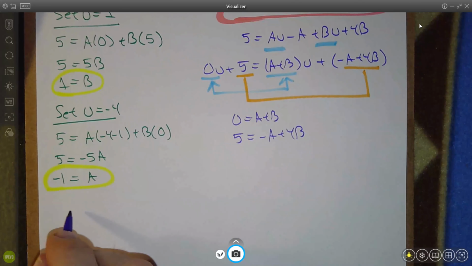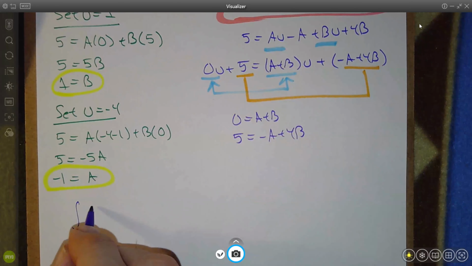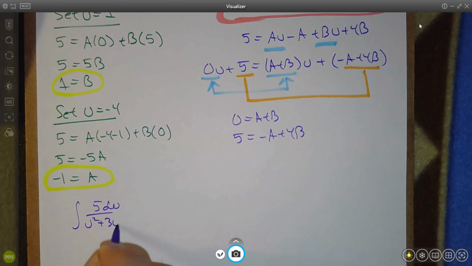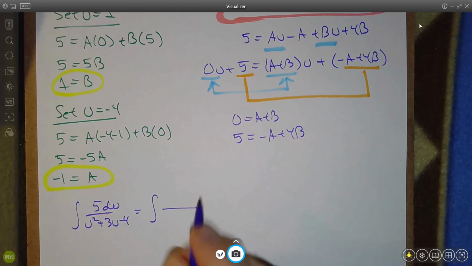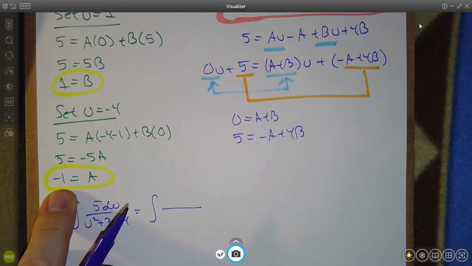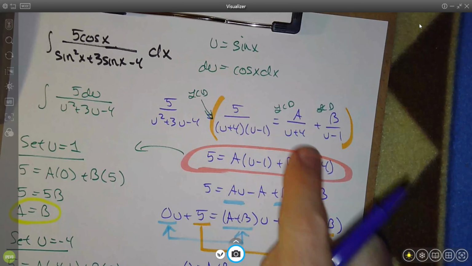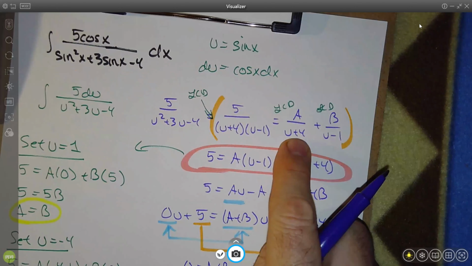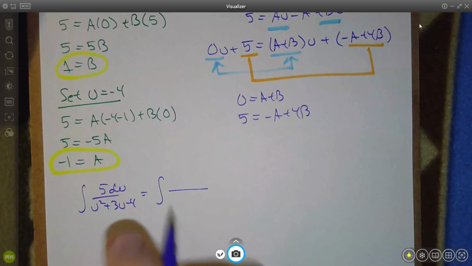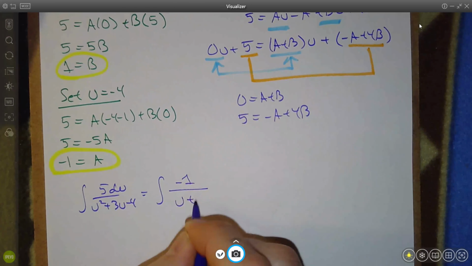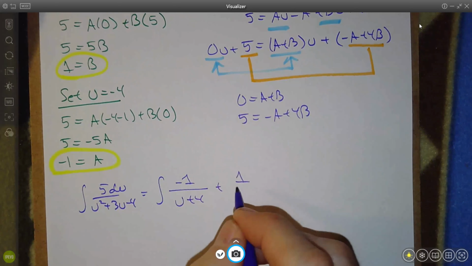So the integral of 5 du over u squared plus 3u minus 4 becomes the integral of A. Now this is where it's important to make sure that you look back at what you wrote, because your A might be different than my A, but this number goes over this right there. So negative 1 over u plus 4 plus 1 over u minus 1.